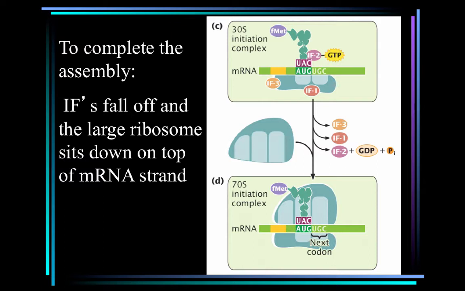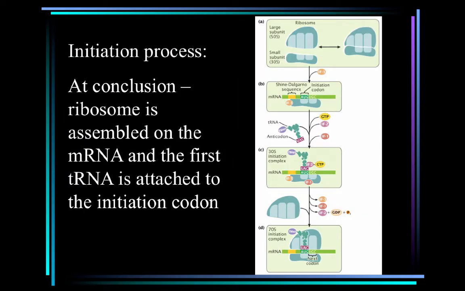If some part of this regulation process doesn't take place in the correct order, that's where we start to see genetic diseases take place. All right, so just keep in mind that at the end of step 2, which is initiation, the ribosome is fully assembled and is on the mRNA strand and is also attached to the first transfer RNA that is going to bring in that initiating methionine.